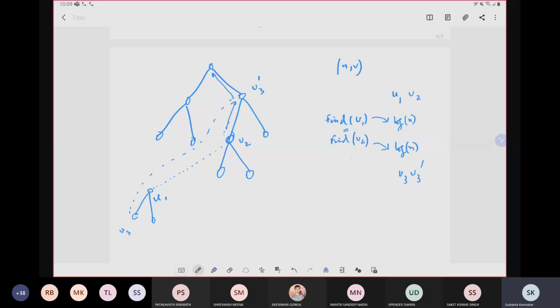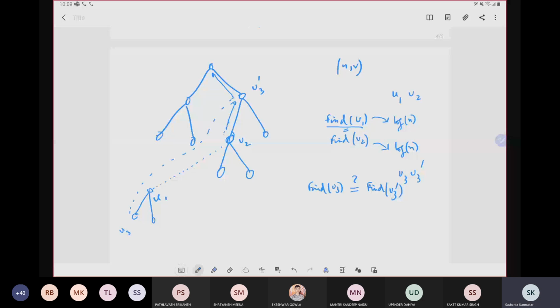I will compute find U1, find U3, and find U3 prime, and then check whether they are equal or not. If they are not equal, then I will make the union, and the union will basically point to the root here.